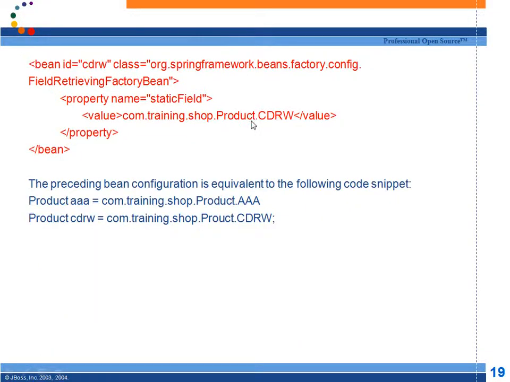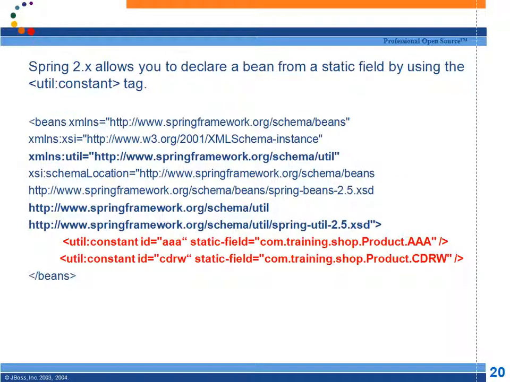But there is a shortcut for it. You can use the util schema, just like I showed you how to use the context schema. You can use util:constant with the static field.